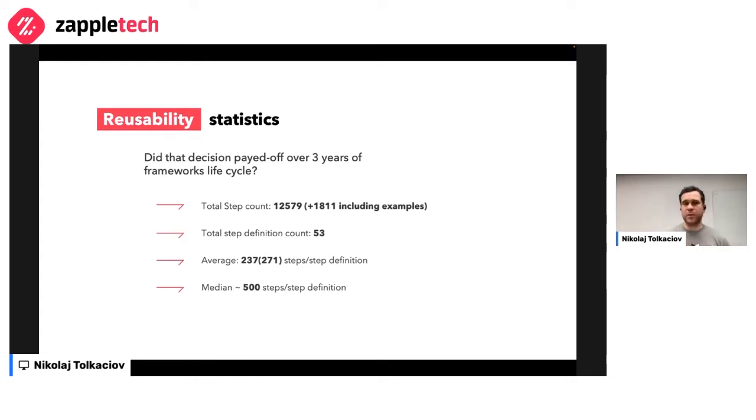Just as a comparison, the previous SpecFlow implementation we had was only 3,500 steps in all the feature files, and 175 step definitions. So it's almost four times fewer steps for four times more step definitions.